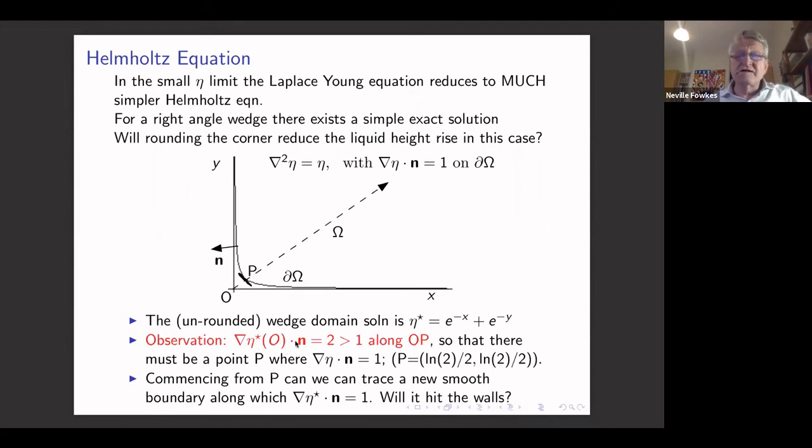So grad eta dot n along that curve is 2 rather than 1. 2 is greater than 1, and so if we go away from that particular point, we will find a point P in which grad eta dot n is equal to 1. And there it is there, it's log 2 divided by 2, and it's centrally located.